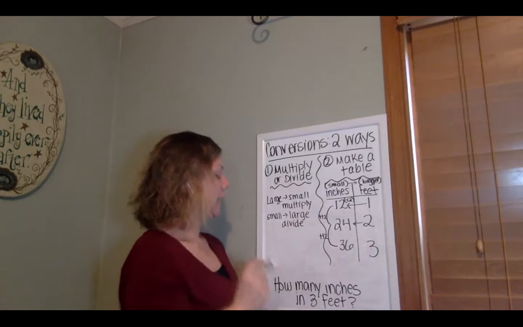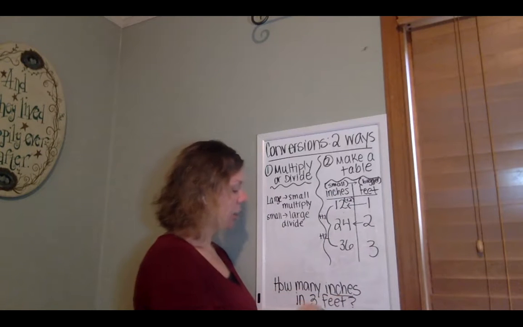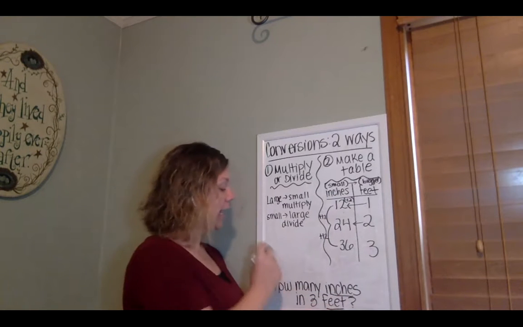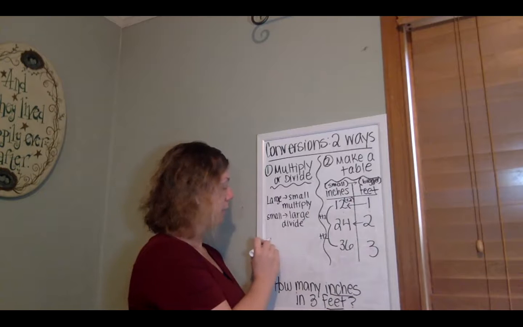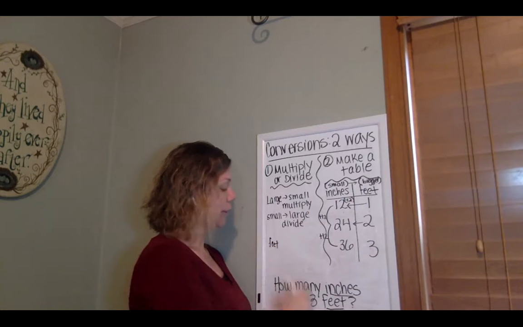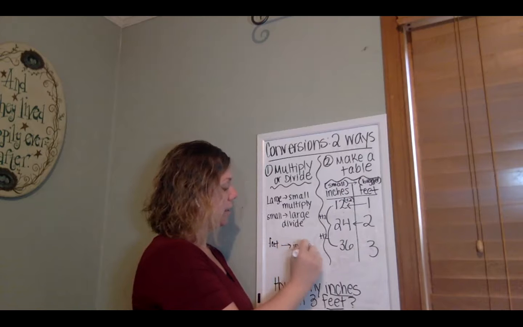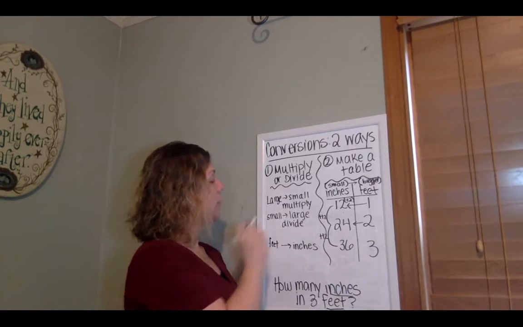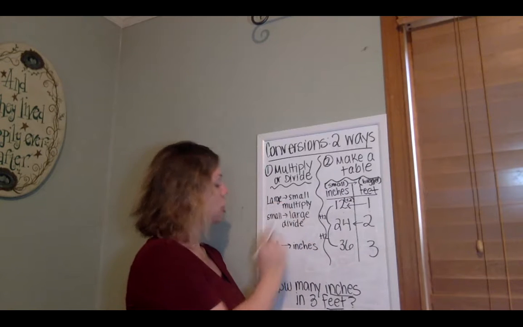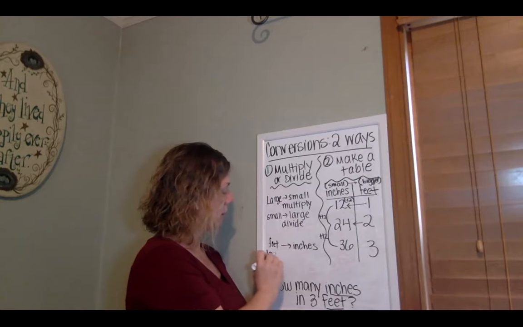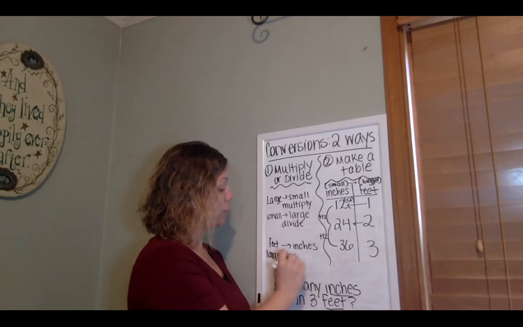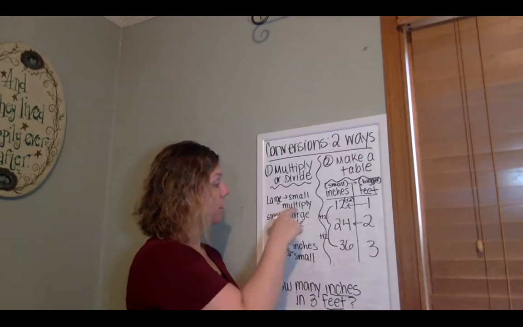So with keeping that in mind, how many inches are in 3 feet? I am going from feet, which is my known, because I know I have 3 of them, to inches, right? Which means I am going from large to small, which means I am multiplying.